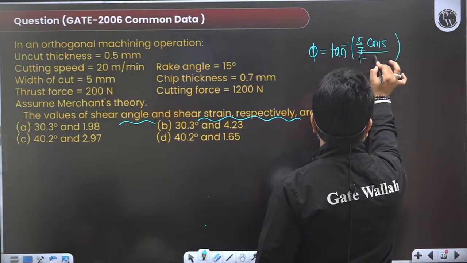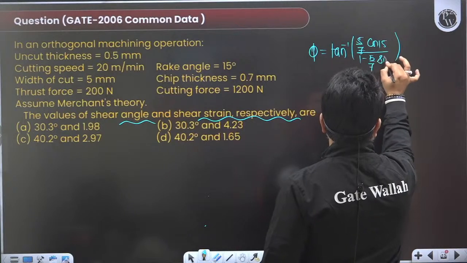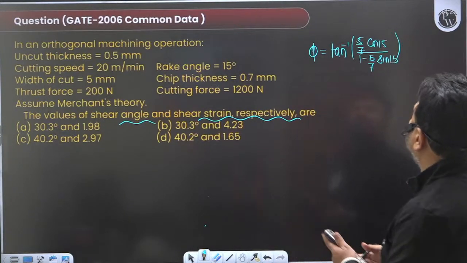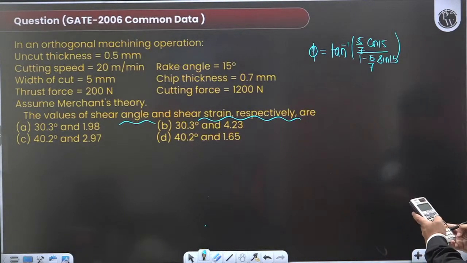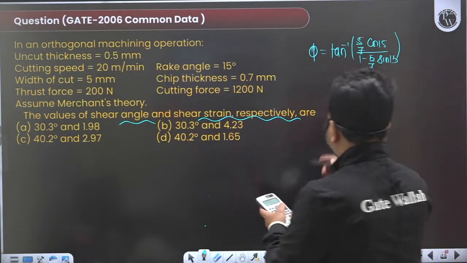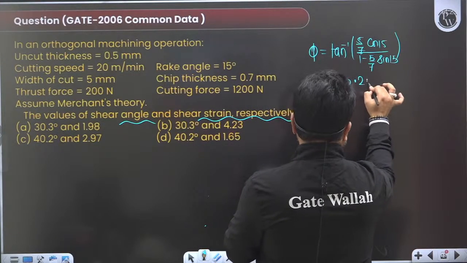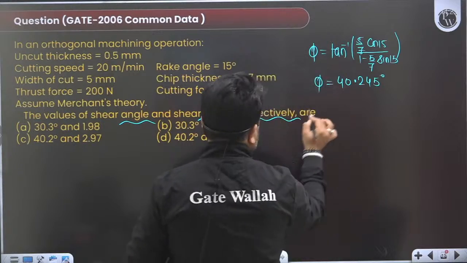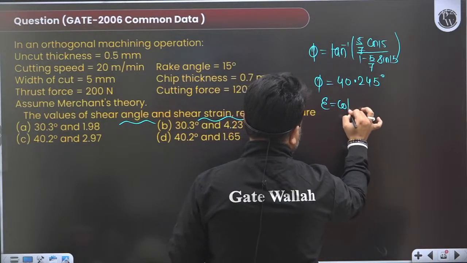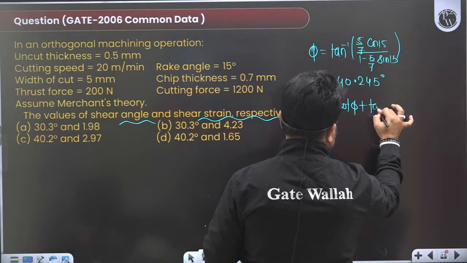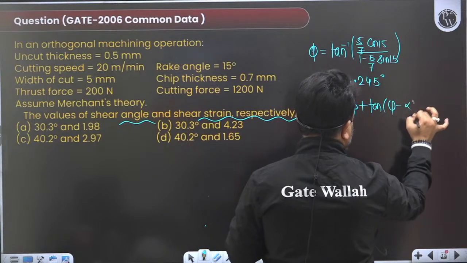So 5 by 7, answer into cos of 15 divided by 1 minus answer into sine of 15, shift, tan inverse answer. So here phi is 40.245 degrees.